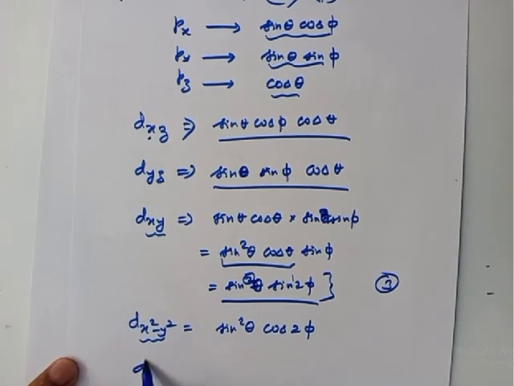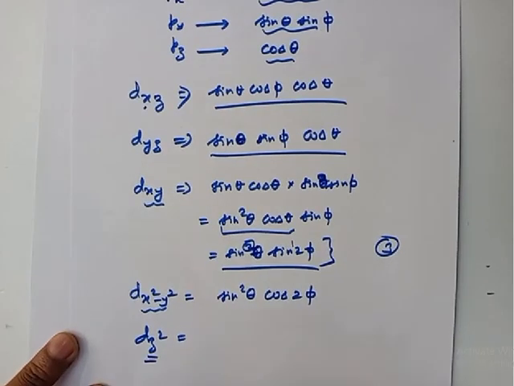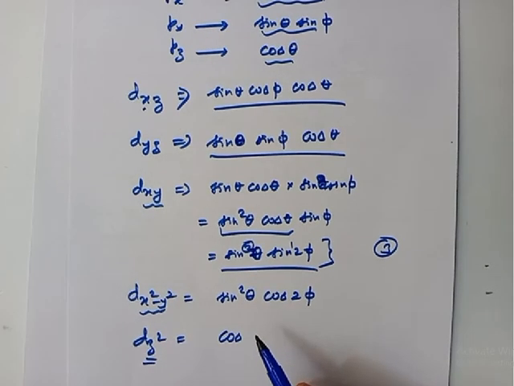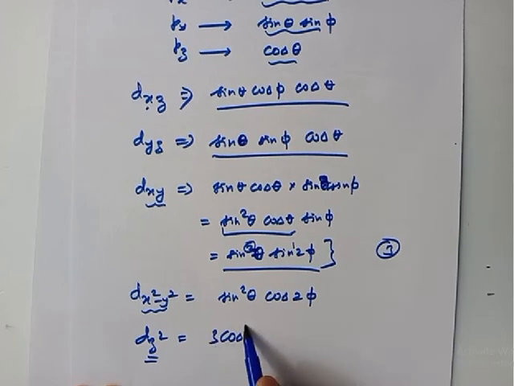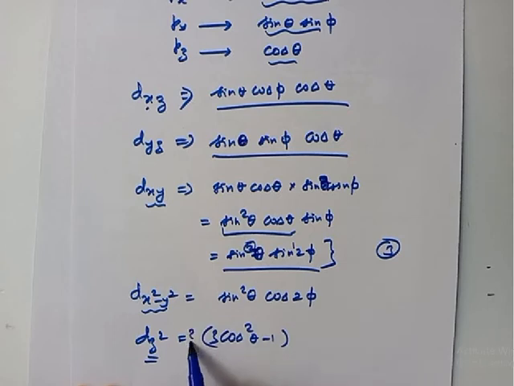For the dz square orbital, students observe carefully: whenever z is present alone, without x, without y, then it should be a function of cos theta, cos square theta or cos cube theta. For dz square the function consists of 3 cos square theta minus 1 with some constants in front, you need not worry about that.